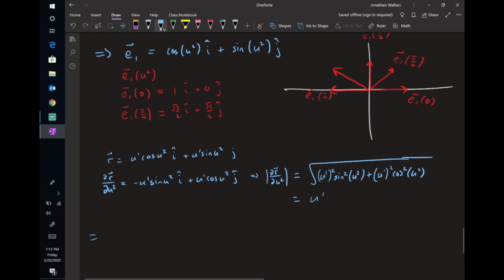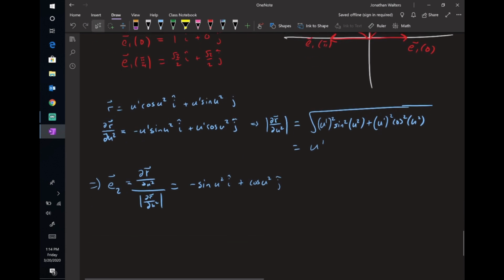So now E2, the second basis vector in polar coordinates, is going to be partial r partial U2 over the magnitude of partial r partial U2, which is just negative sine U2 i hat plus cosine U2 j hat. So that is a function of U2 as well.